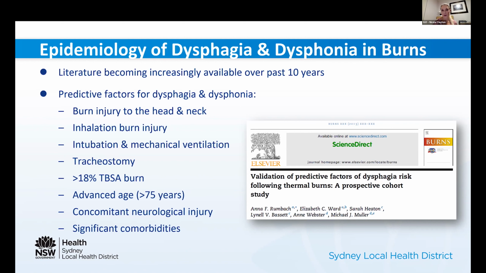And lastly, of course, the presence of significant comorbidities, similar to any sort of patient, increases the risk of these other issues which relate to voice and swallow function.